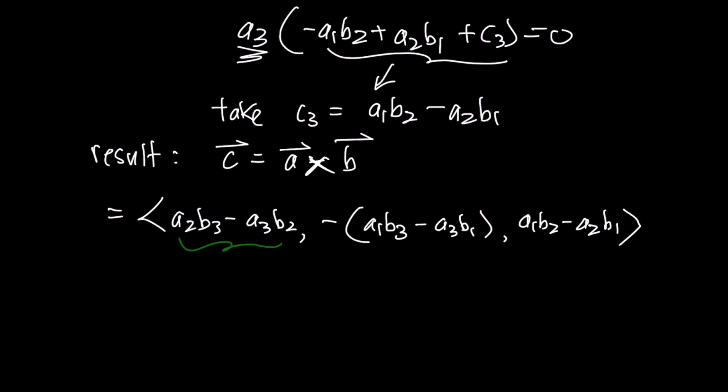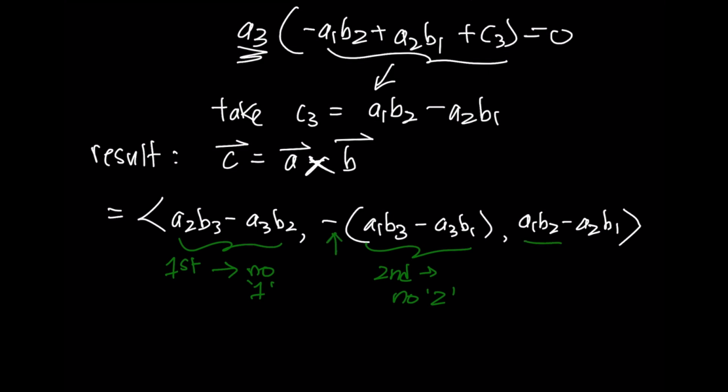In the first component, there is no subscript for 1. All 2's and 3's, and they go in order, A2, B3, and then reverse order, A3, B2. In the second component, there is no 2 subscript. It goes in the same order, 1, 3, 3, 1. The only difference is that there's this negative sign here.